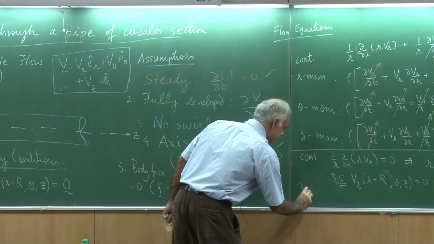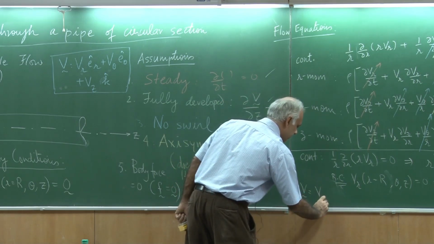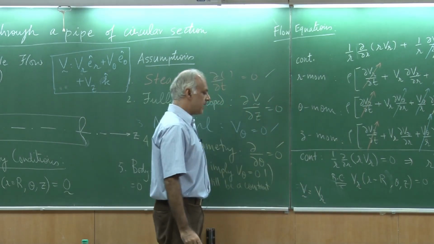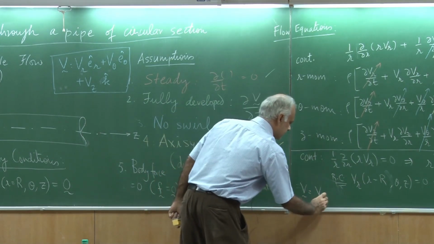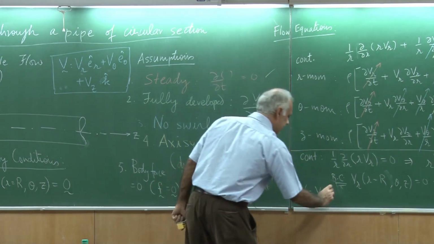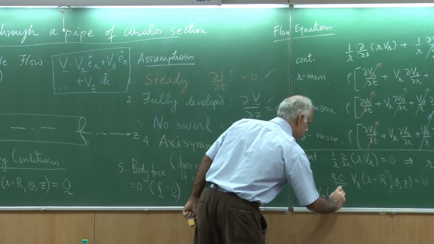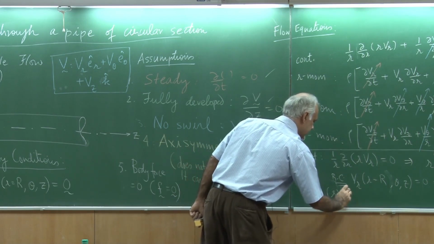So what is being said is that the velocity vector is simply given by a z component, because r and theta components are 0, and this is going to be in the direction k.